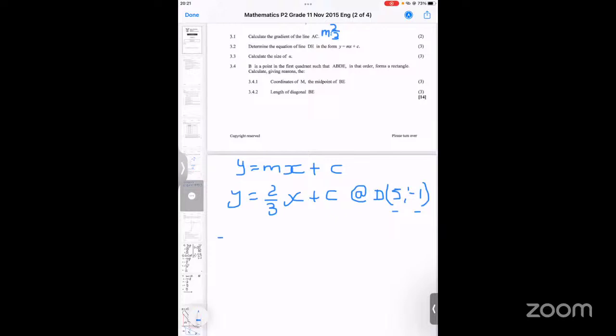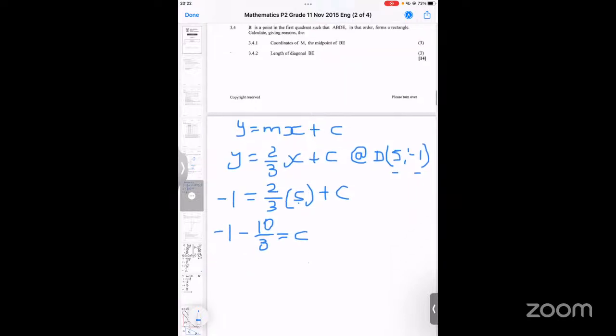Meaning you have your negative 1, which is equals to 2 x, you put that, you say plus c. And then now you will just say negative 1. Obviously, 5 times 2 is 10. So you take 10 over 3 to the other side. It becomes minus 10 over 3. That should be your c.